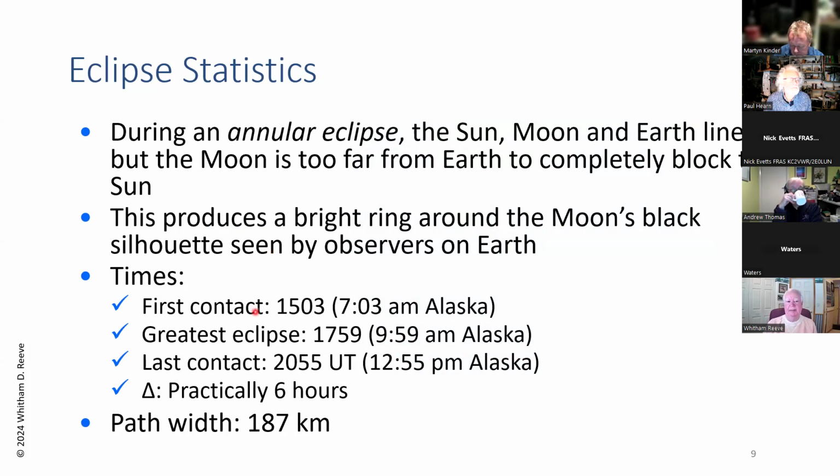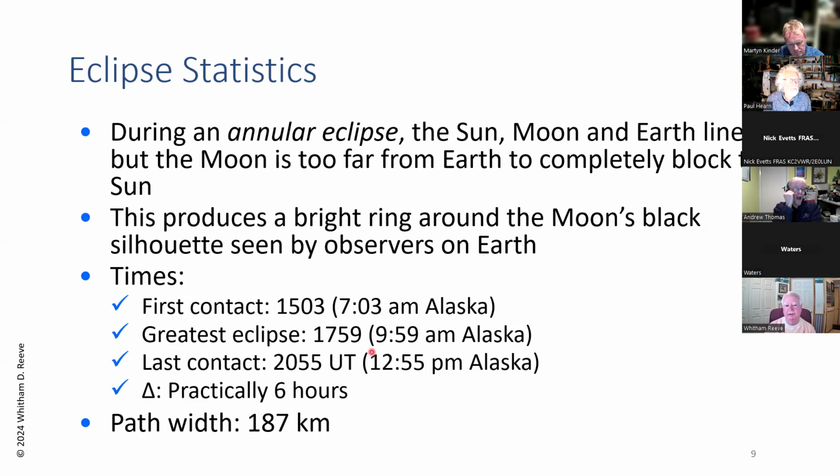Now the first contact was at 15:03 UTC, and this was 7 o'clock in the morning in Anchorage, and so it turns out that the sun was still below the horizon here, but there were propagation paths from daylight into Alaska even when the eclipse first started.